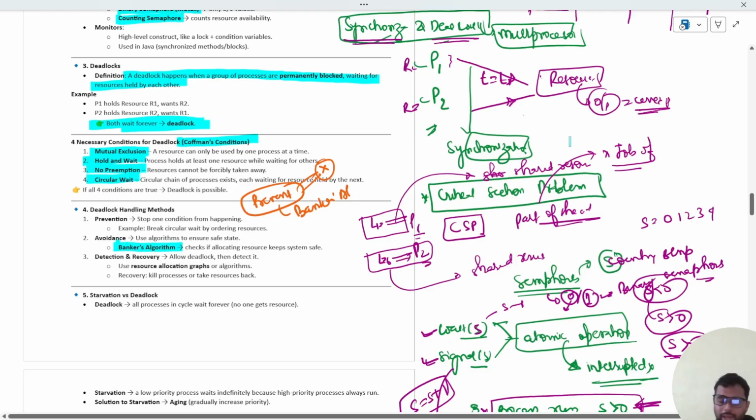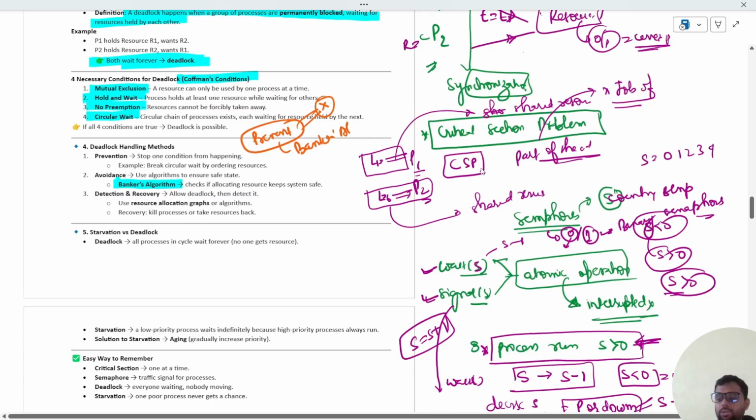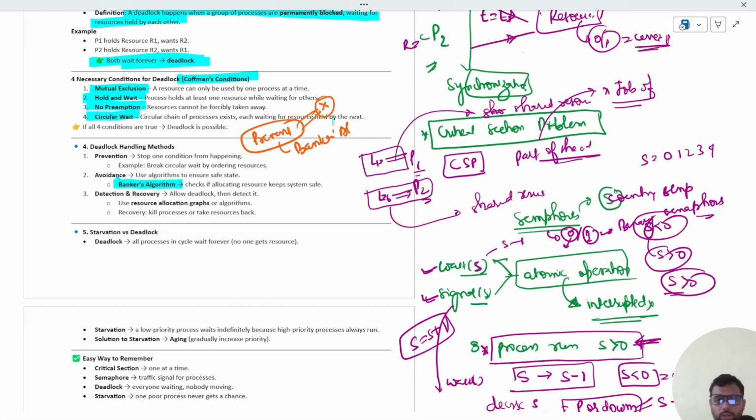Still, if anyhow you reach the situation of deadlock, then what remedy do you have? First you have to detect that yes, there is a deadlock. Then you have to do recovery. That means we have to kill the process, free the resource, and let the other one complete. You have two processes, so you have to kill one of the processes in between and free the resource held by it so that the other process could complete its execution.